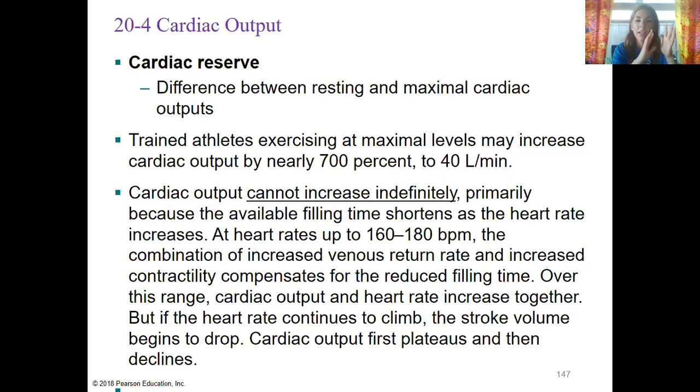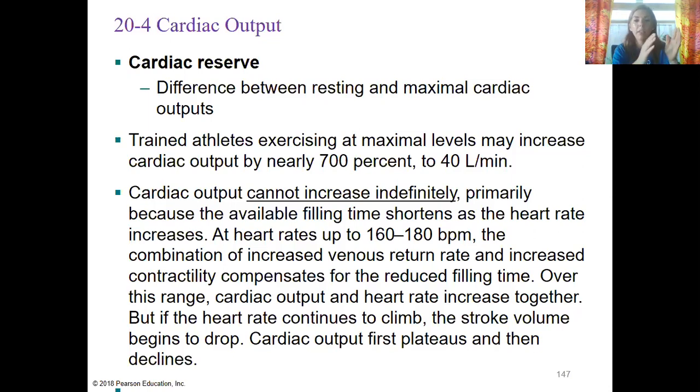Let's just say because his heart is sufficiently pumping, he can increase his cardiac output in order to continue to provide the oxygen and the nutrients that his skeletal muscles need in his legs, that he needs in his fingers to grip that bike. So it can be really, really high when you're a trained athlete.